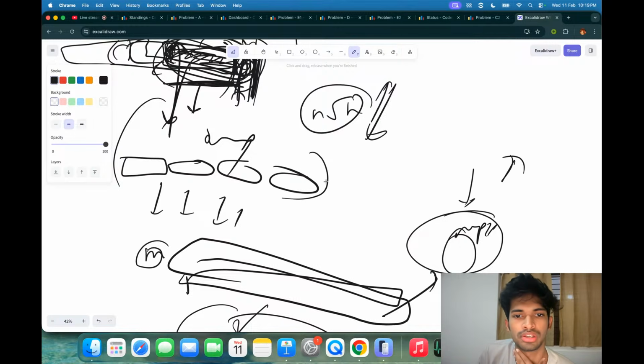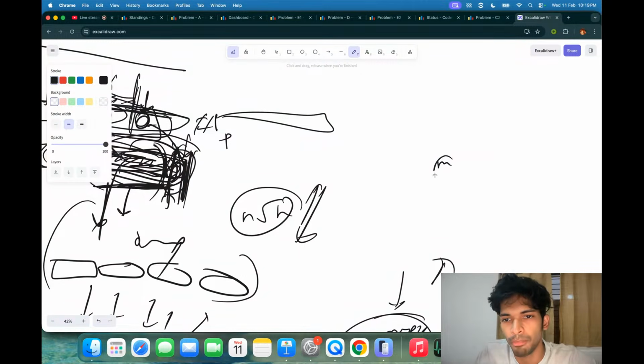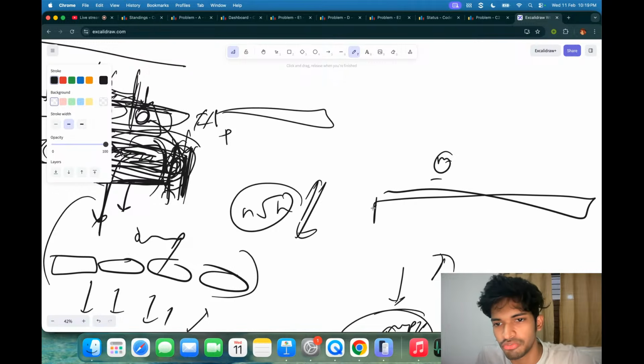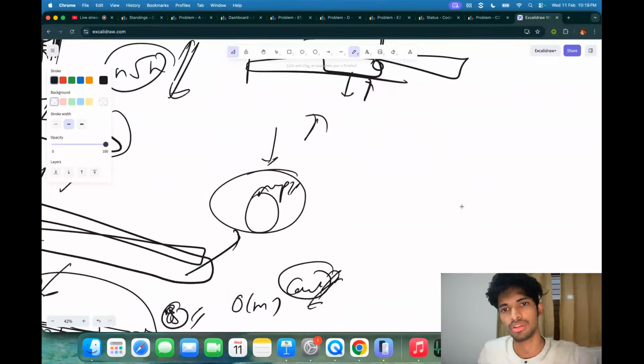So now you are here. When you are here in n, for these specific blocks of m blocks, you'll try to find what's the longest length chain that ends with this thing, okay?